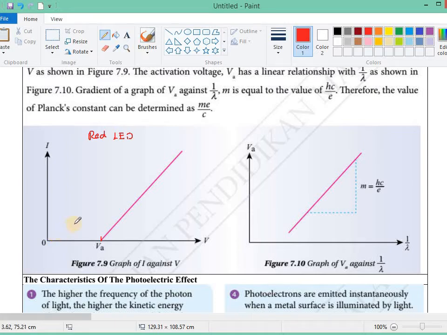Okay, but for an LED there is a certain activation voltage. Okay, so this VA, this is the activation voltage.